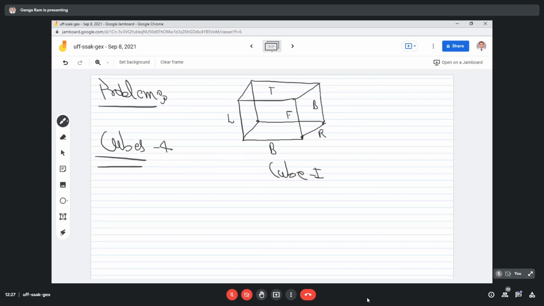Each cube is variously colored, or we can say that each face of the cube is colored by 4 colors. For example, this cube can be represented this way.